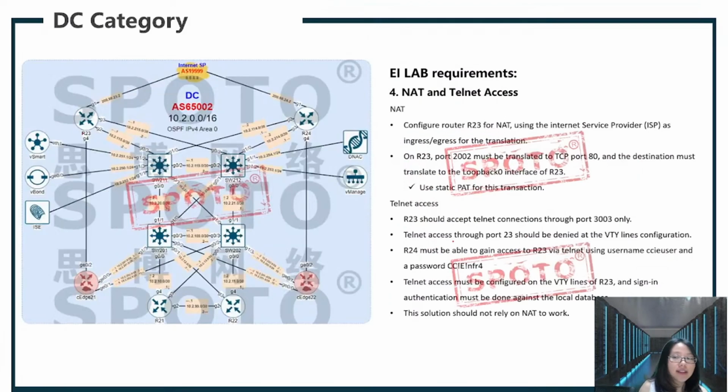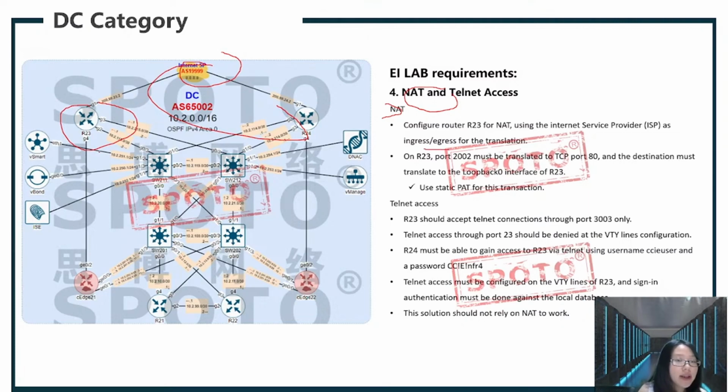So let's see, next part is about NAT and the telnet access in the DC category. NAT, okay, router 23 needs to be configured for NAT, using ISP as ingress and egress for the translation.